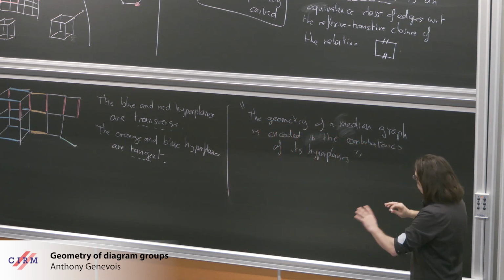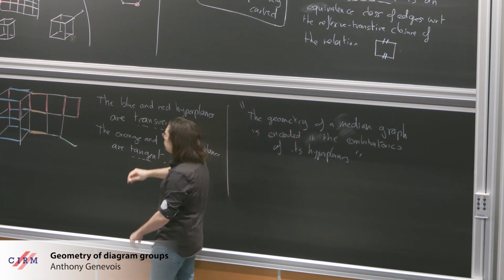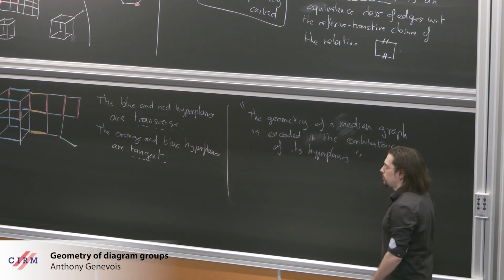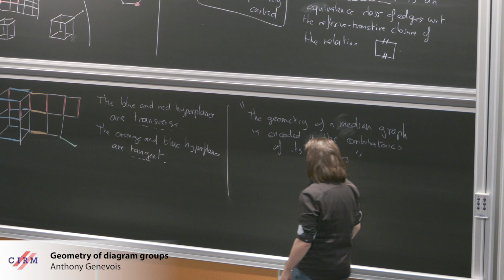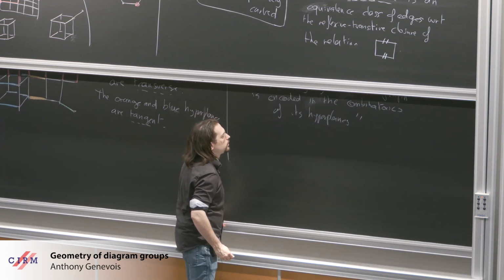Roughly speaking, if you understand the hyperplanes and how they interact, then you understand the geometry of your space. So maybe I will state one theorem going in this direction to motivate this claim.